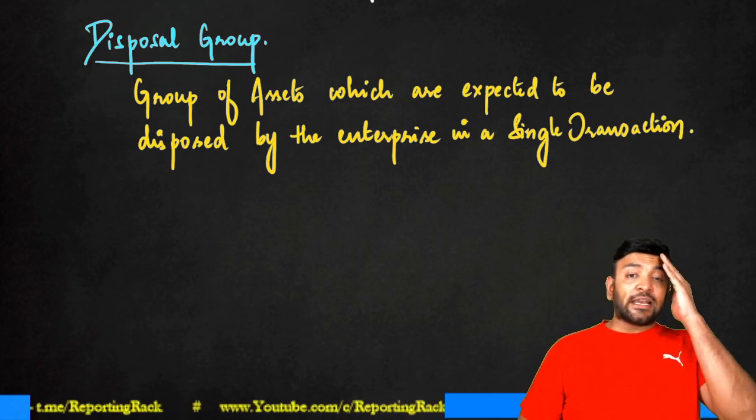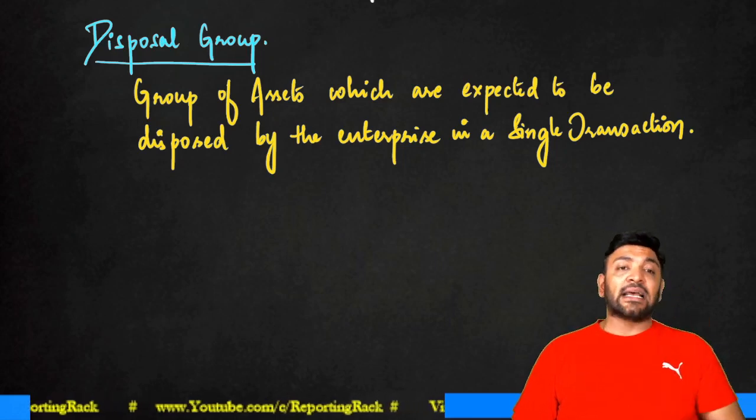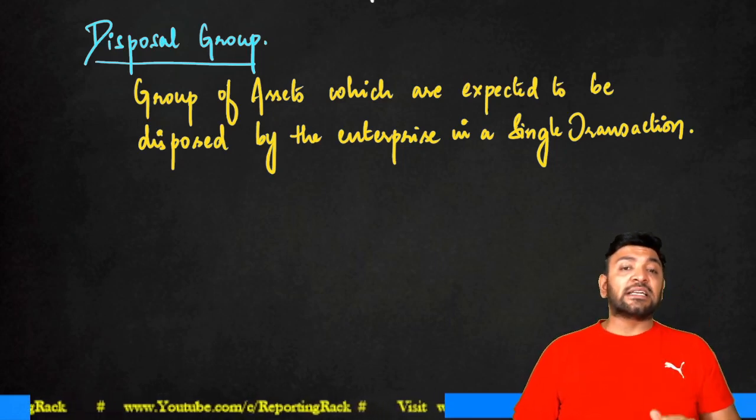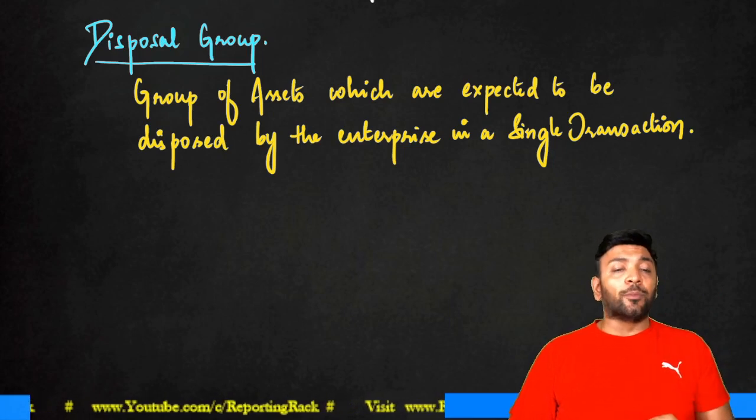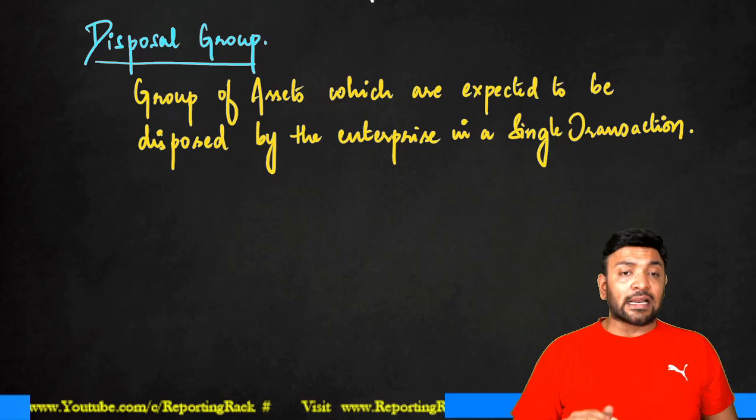You are expecting to dispose the entire group of assets in a single transaction, then that group of assets is called a disposal group. I've taken a decision to dispose this group of assets in a single transaction.